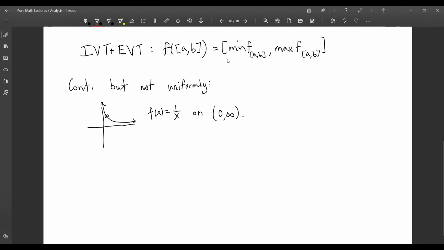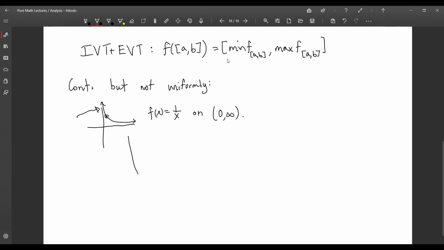Why? Because essentially, remember, uniformly continuous means that if I want the function values close together, I know how close together the input values have to be. And the reason that fails for 1 over x is because of this spike here, right?